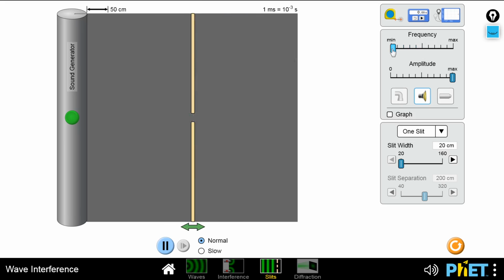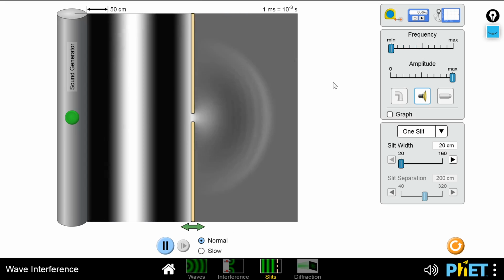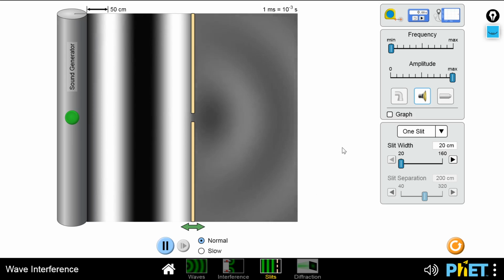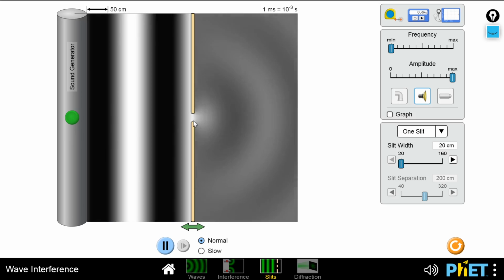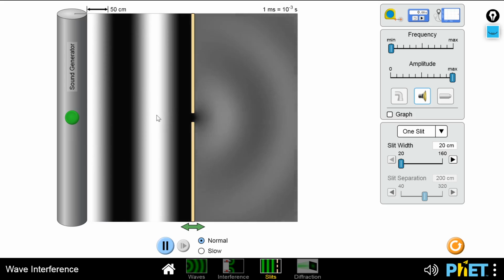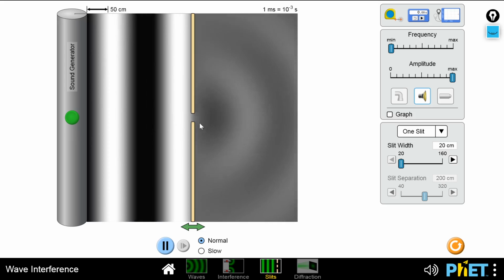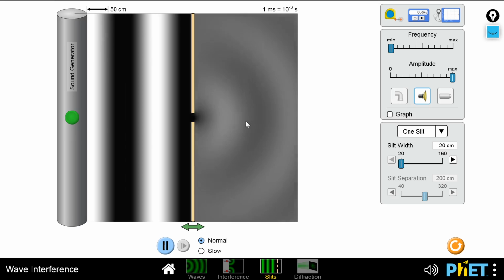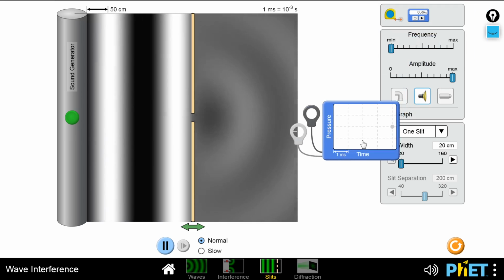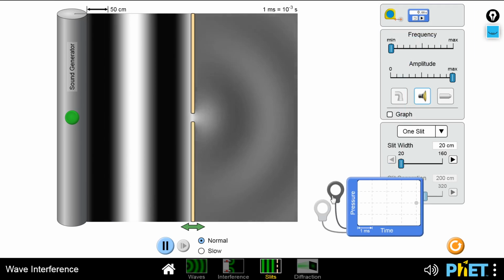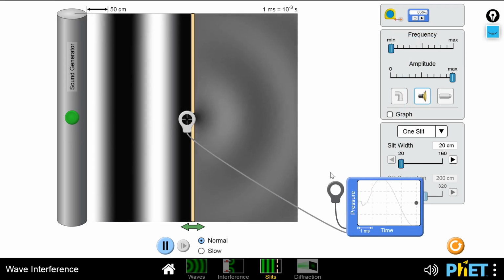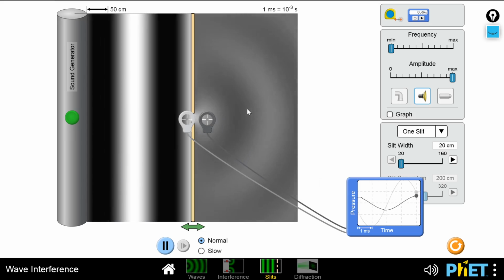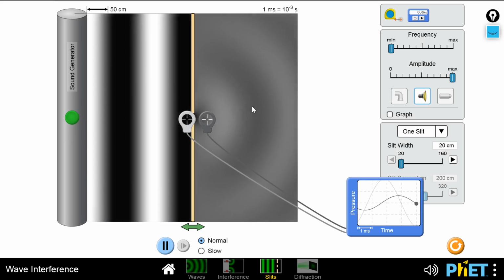We'll set it down to the lowest possible frequency, about 100 Hertz, and look at this. As we can see, with a small slit, even though we have a max amplitude signal to the left of the slit, not much of the sound pressure makes it through. We could bring our little tool down here and measure it on both sides. There we see we get pretty good amplitude, but if we bring it over to the right, amplitude is substantially reduced.